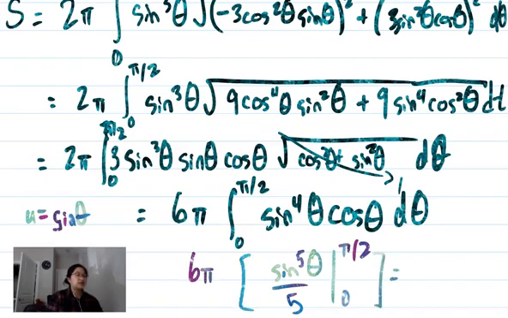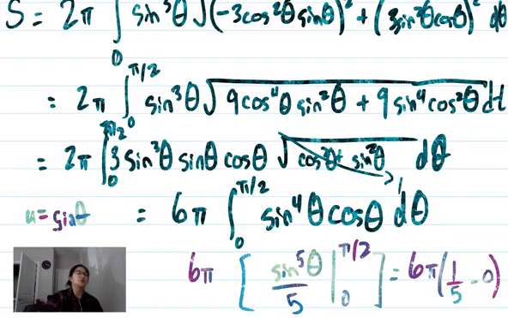And what is that? We get sine to the fifth of pi over 2, which is 1, times 1 over 5 minus 0.